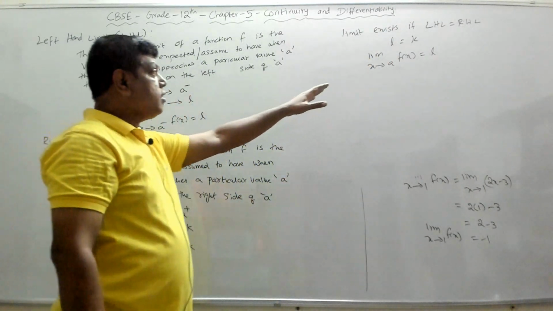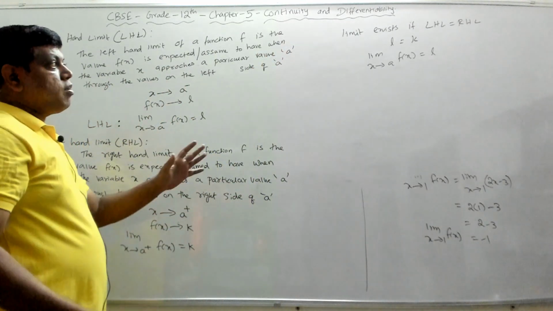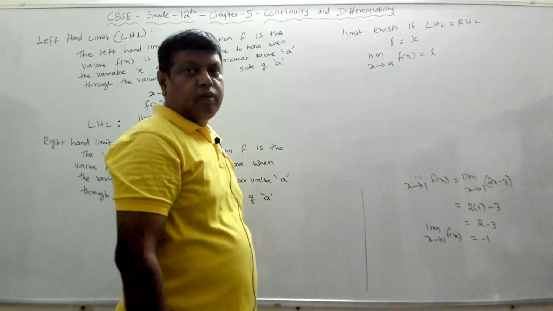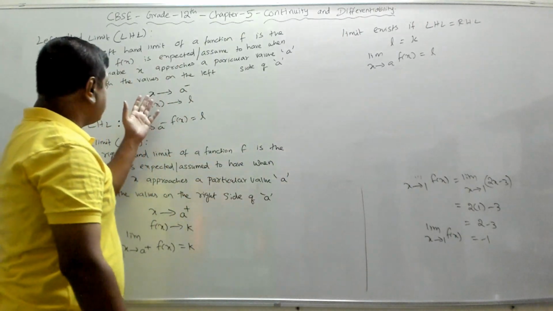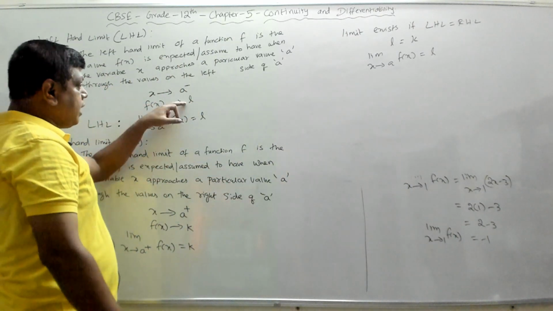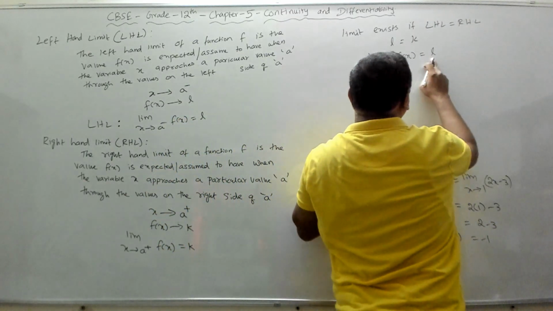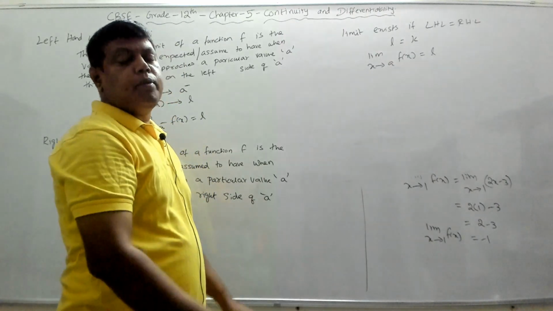This is the definition of the limit which we had studied earlier, where when x approaches a, f of x equal to L. That is called as limit of the function, which means x can approach a through the value less than a or greater than a. Either case, your L and K are matching. When L and K are equal, we can say limit x goes to a, f of x is equal to either L or K because both are same. Then in that case, we will say limit exists.